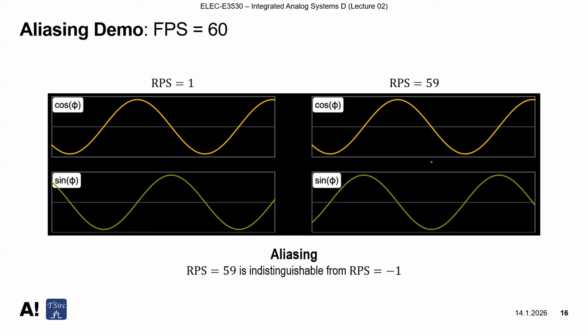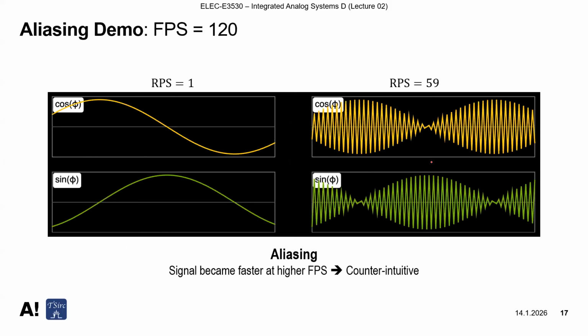When we speed up, something interesting happens here. Because of aliasing, the signal became faster at higher frames per second. It's counterintuitive. When we record motion with a camera and increase the sampling speed, it should look like more slow-motion frames.